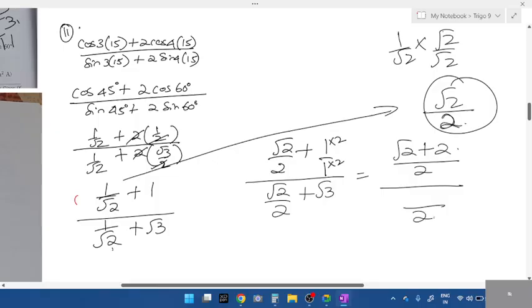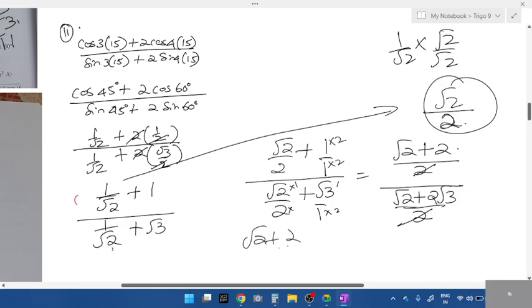Here, into 1 here. Yes. So 2 into root 3 is 2 root 3. Can you see these two gets cancelled? Or look here, I'll explain.